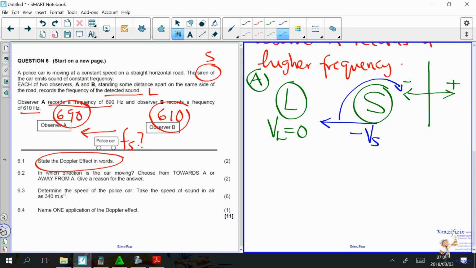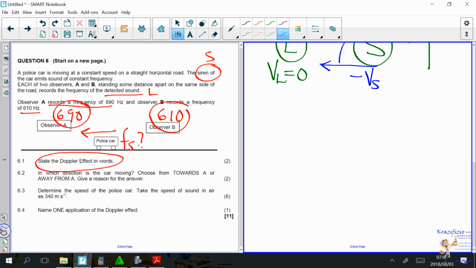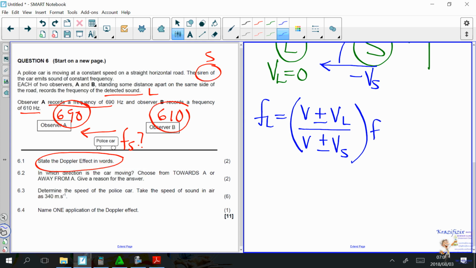Now, FL equals (V plus or minus VL) over (V plus or minus VS), everything multiplied by FS. That's my formula. Please learn to write the original formula.